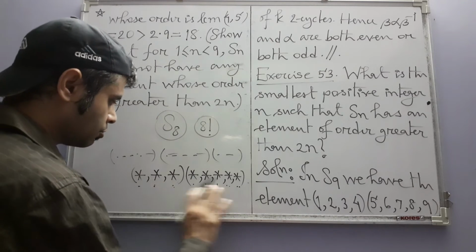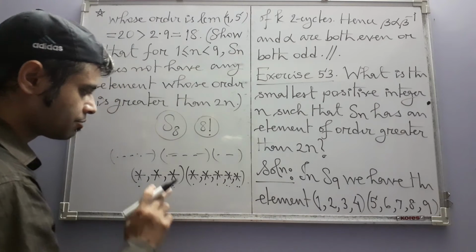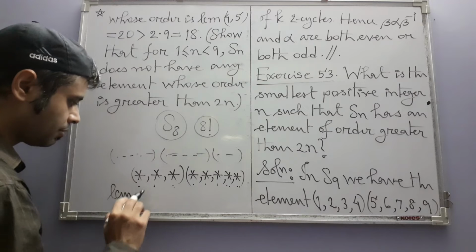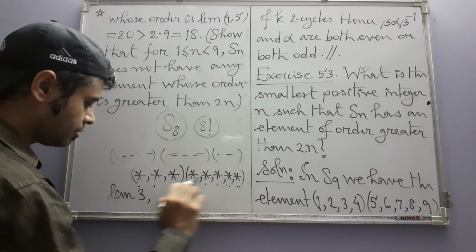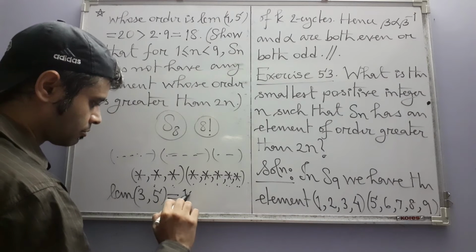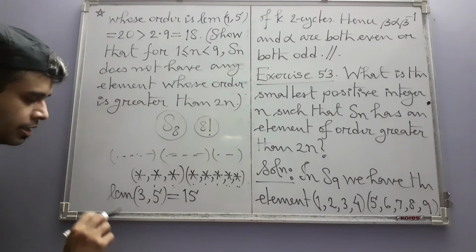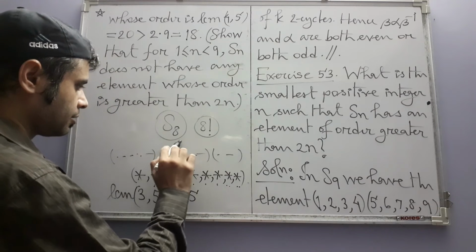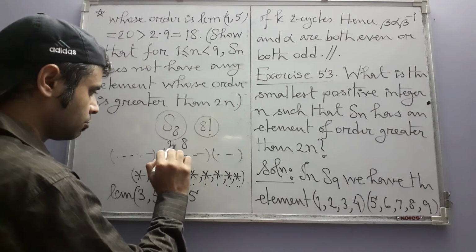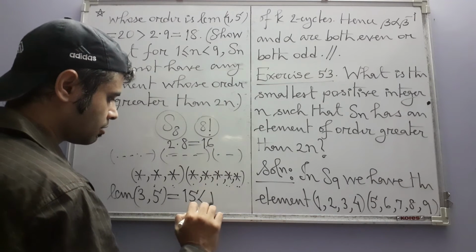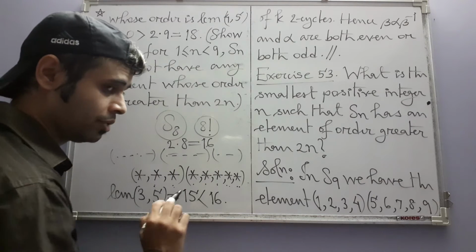But all such elements will have a single order, and that order is the LCM of 3 and 5. So at least in this specific case, 2 times 8 is 16. So this is not exceeding 16, but it got very close.